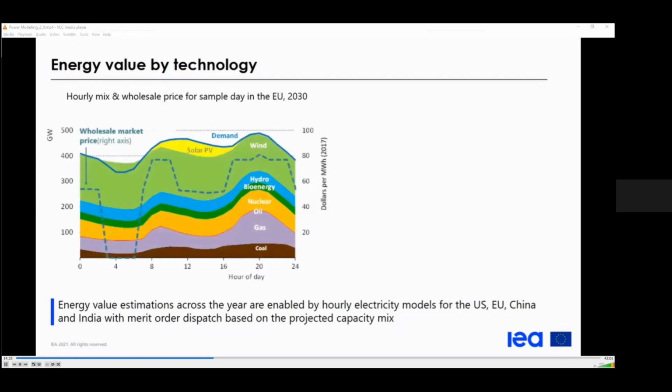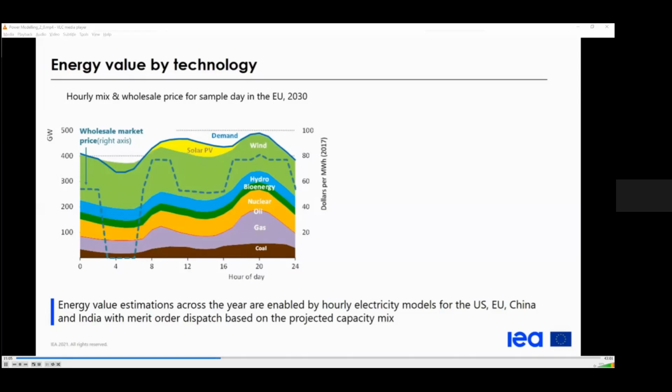So reflecting these changing needs over the course of the day, the market price changes quite significantly, from 0 price in terms of excess to higher price at peak time. So when we do that, not only for a sample 24 hours, but for all 8,760 hours of a given year, we can actually derive the price received by each technology.